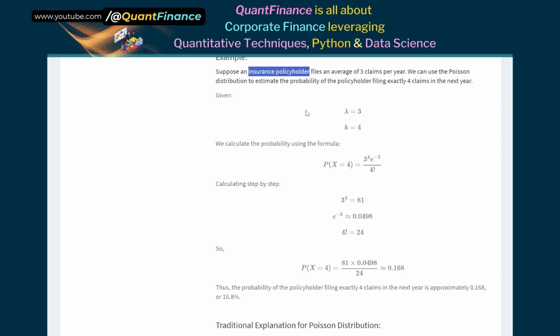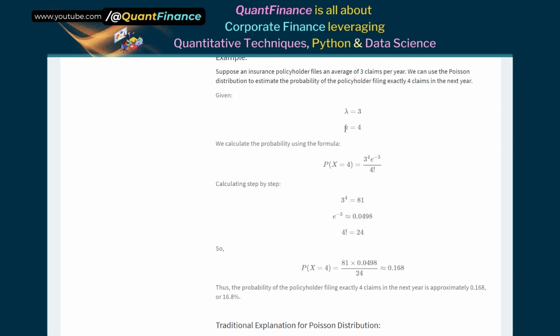Suppose an insurance policyholder files on average 3 claims per year. Now we can use Poisson distribution to estimate the probability that this policyholder will be filing exactly 4 claims next year. In this case, our lambda would be 3 and our k would be 4.